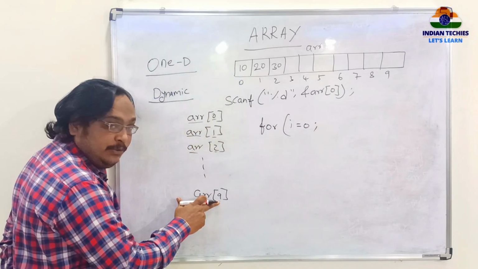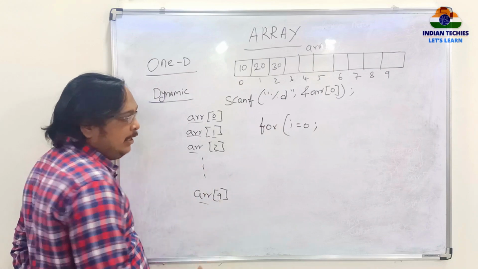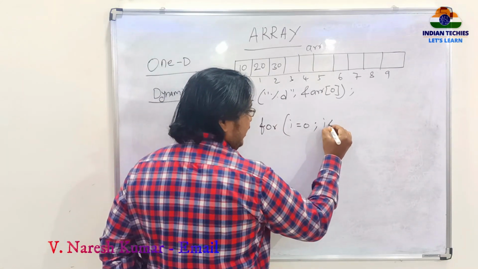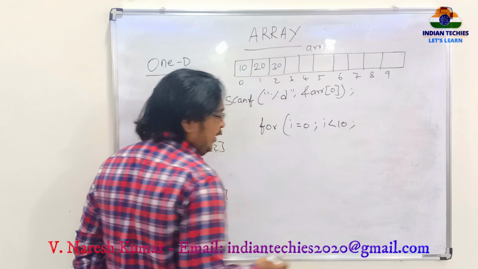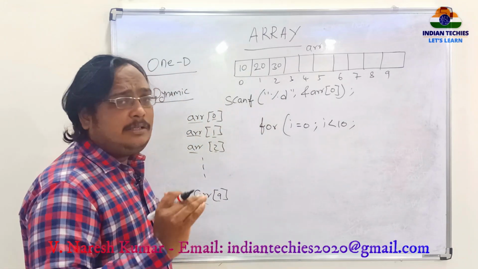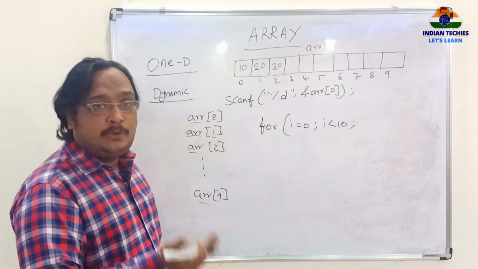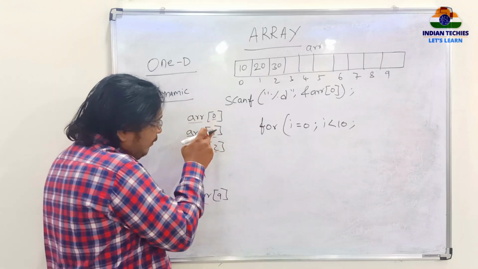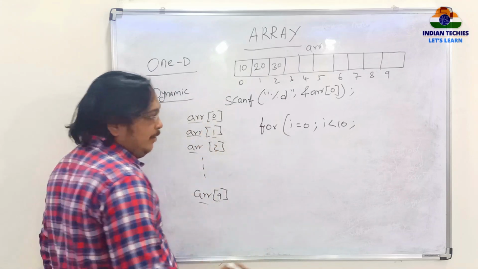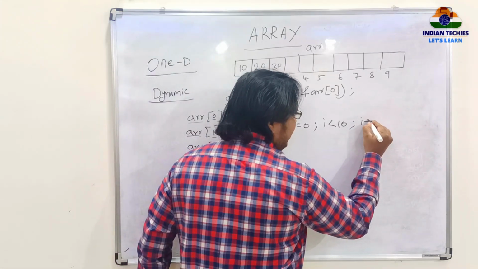Till where do you have to take input? Till 9 only. So the condition is i less than 10. You can write i less than 10, or also i less than or equal to 9. Next, every time I have to increment by one position, so I write i plus plus.